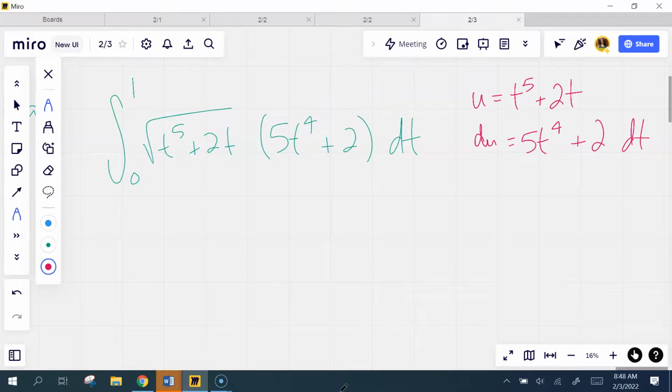This one was actually pretty nice as far as how it broke down here. 2/3 times 3 to the 1/2.